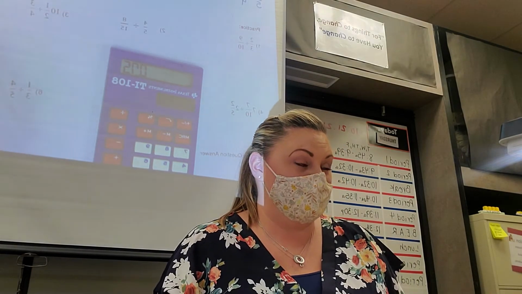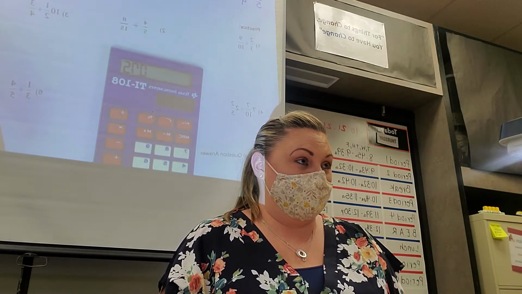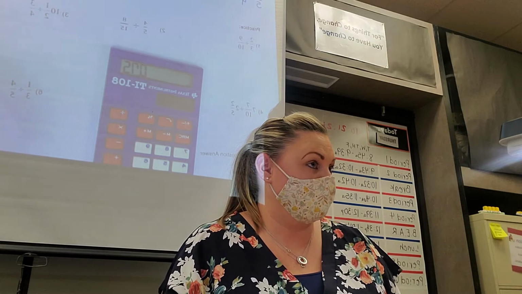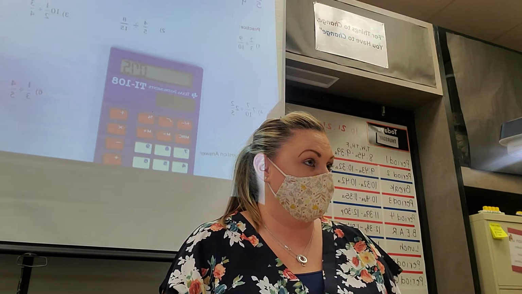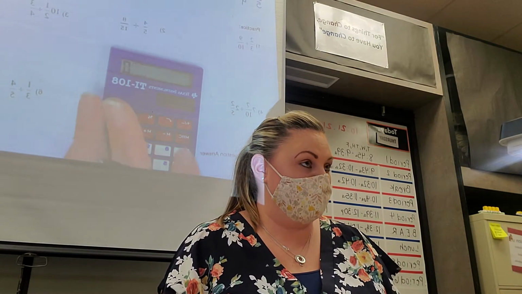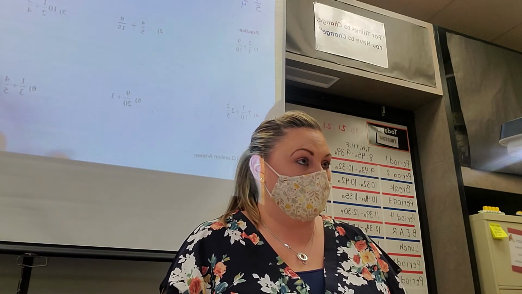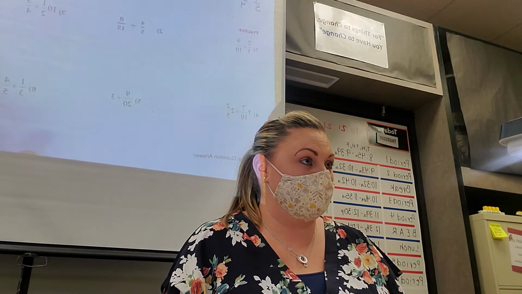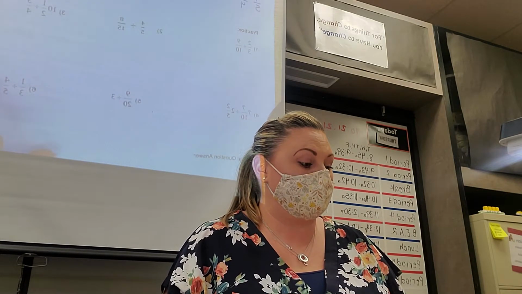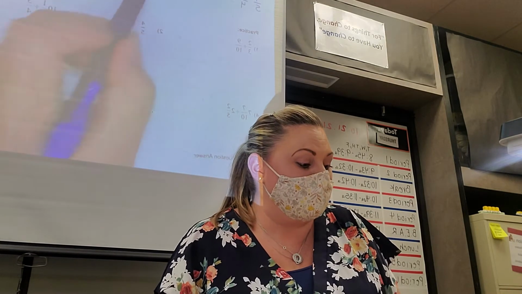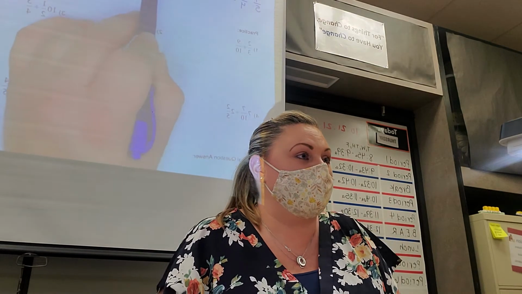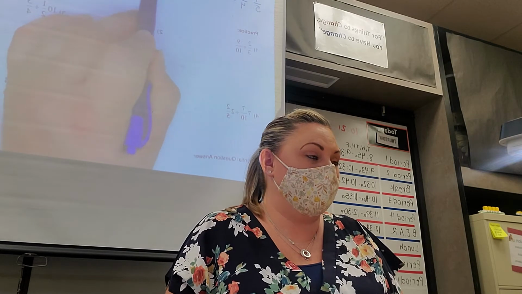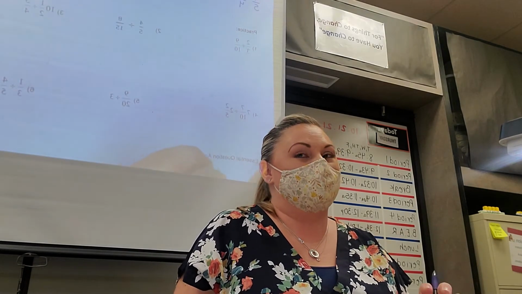Just typing in 3 divided by 4 says that it's division. I think that's what I meant, that it's division. Because the operation in the middle, this fraction bar, means division.